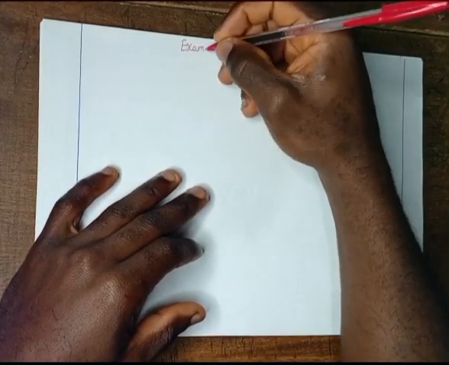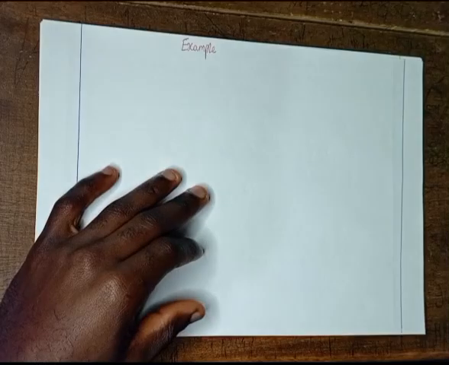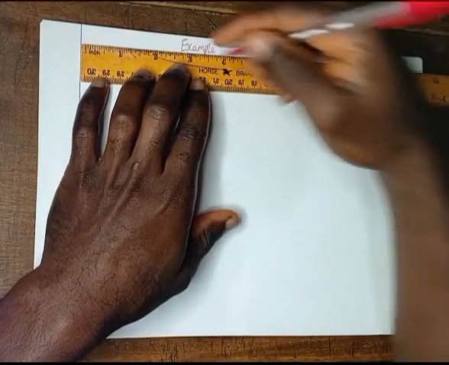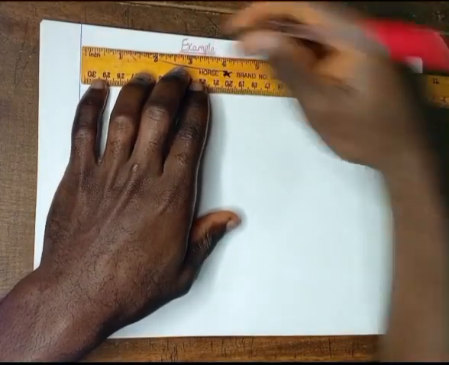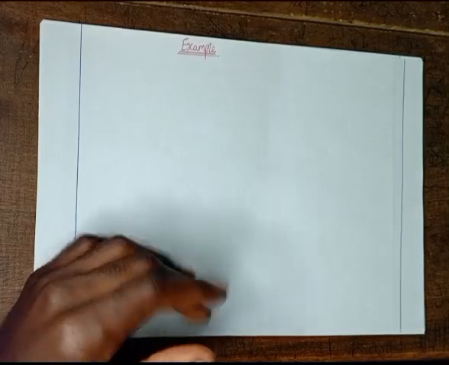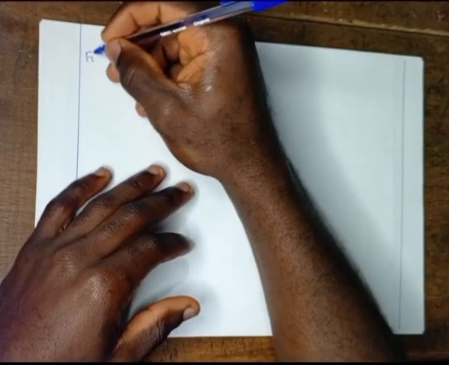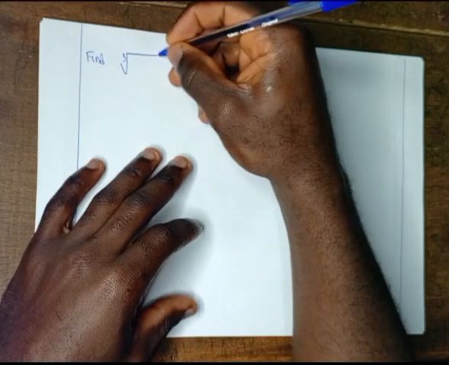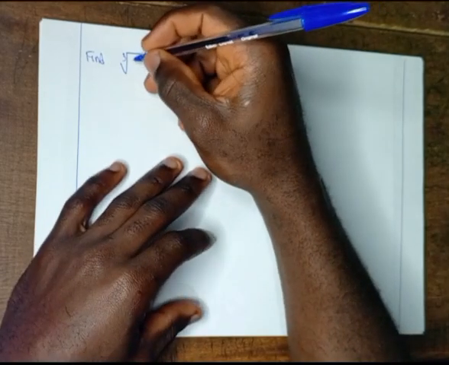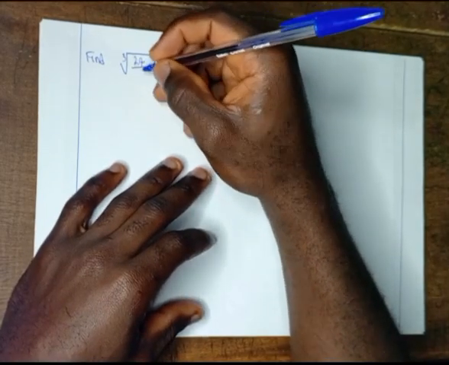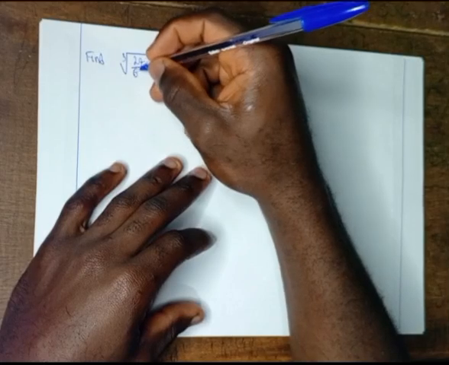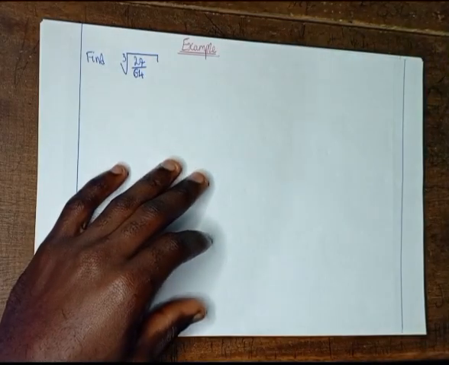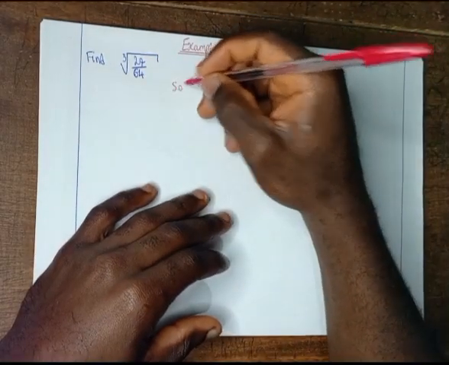Example. Find the cube root of 27 over 64. We take solution.